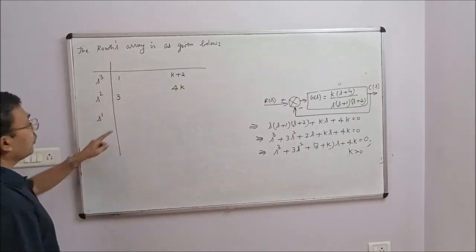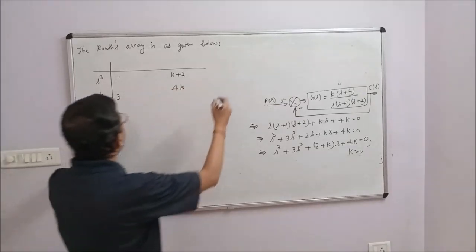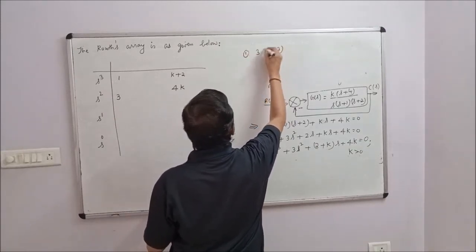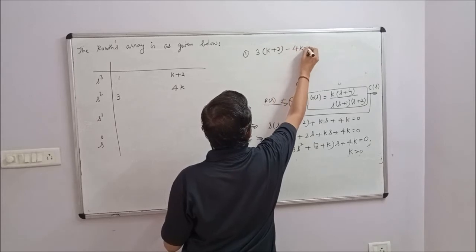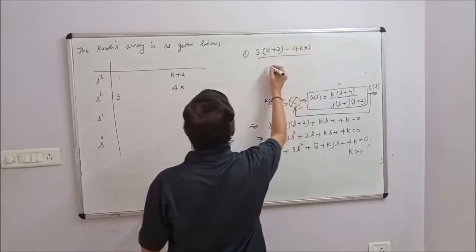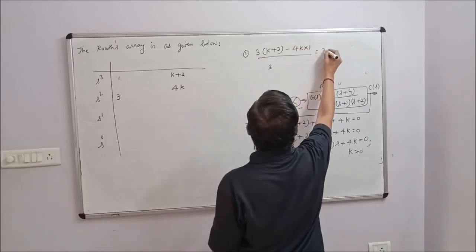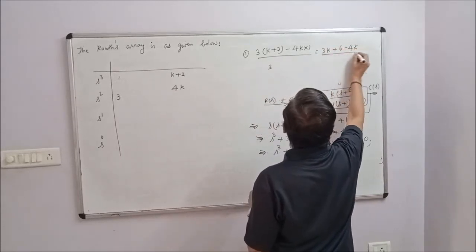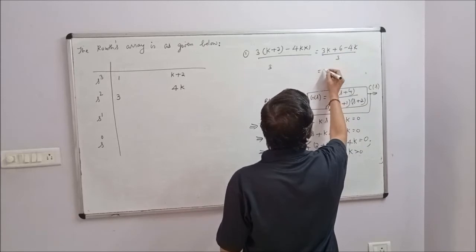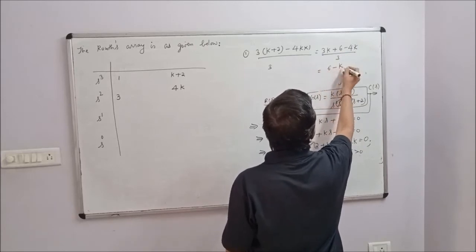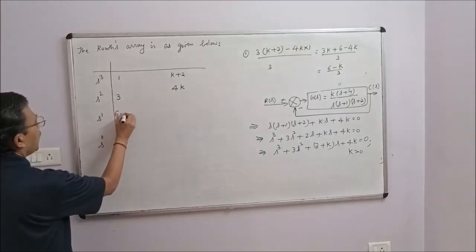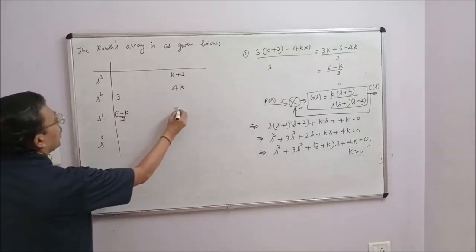Next we'll compute this. It is 3 into (K+2) minus 4K into 1, divided by 3. So this is nothing but (3K + 6 - 4K) divided by 3, which is (6-K)/3.